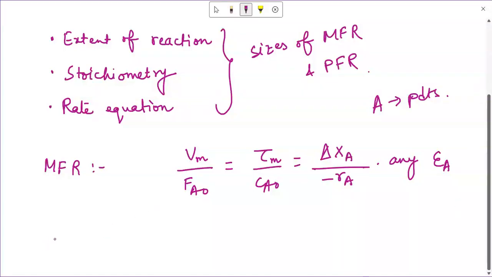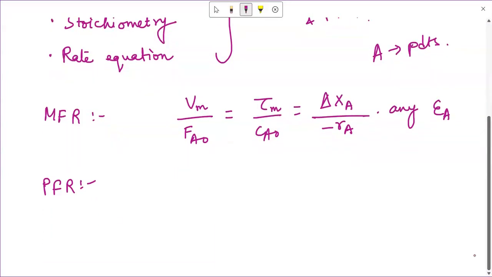For PFR, what do we have? Let's write the performance equation for the PFR now.